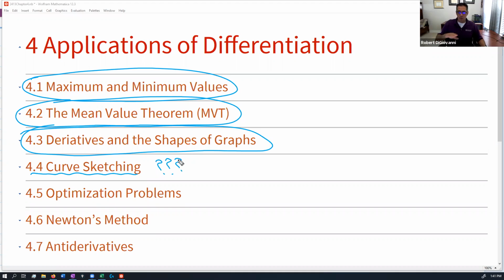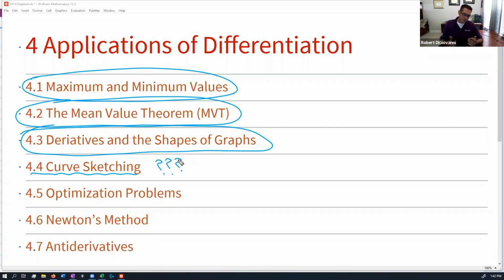That means we can figure out where all the curves are supposed to go, where the highest and lowest points are. We can get a very accurate picture of a function, which was extremely useful before computers, right? Before computers, when mathematicians, physicists, chemists had to figure out what a function looked like, the only thing they had was the calculus, and they got very, very accurate drawings.